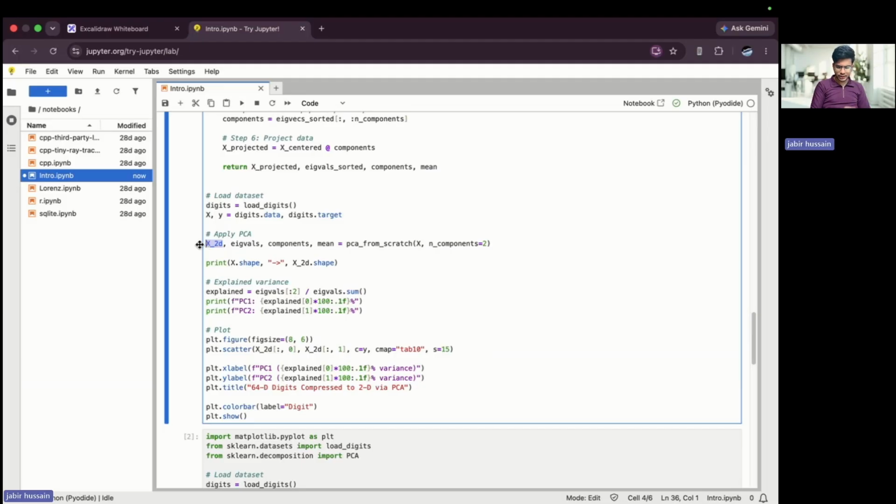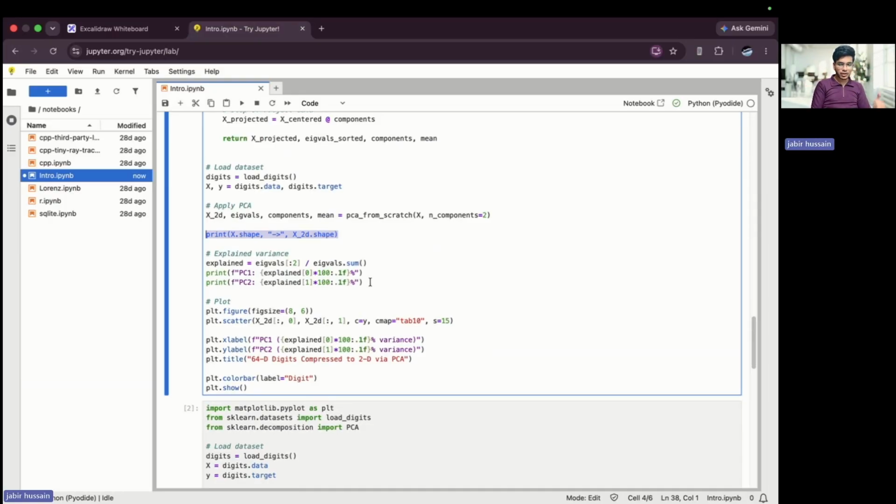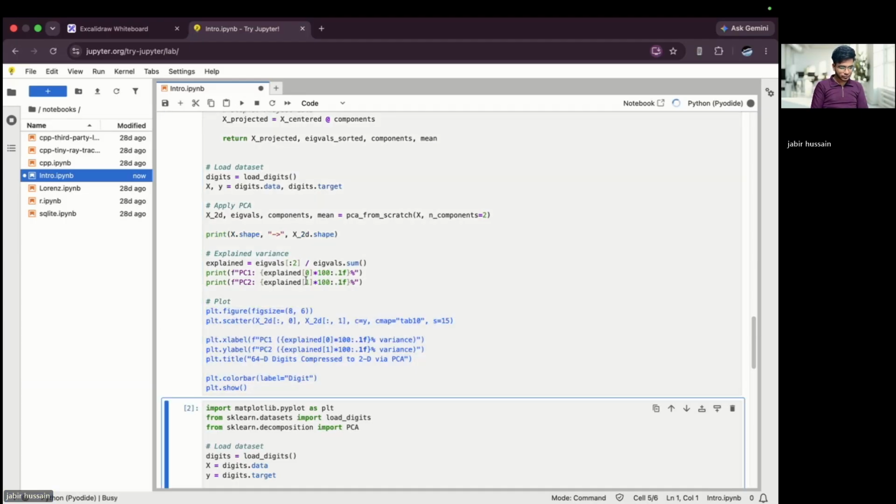So I'm storing the given space and the returned eigenvalues, components, and mean. After that, I'm showing how the space has rotated. Finally, I'm telling how much importance PCA1 has, how much importance PCA2 has, and all. And finally, I'm showing that in a graph. So let me quickly run it.